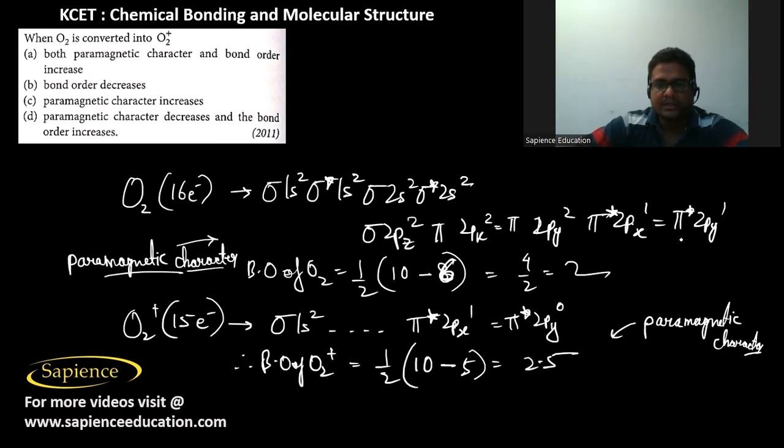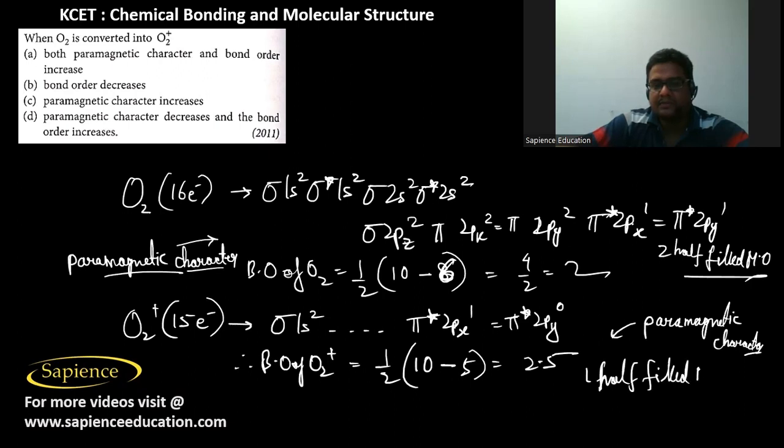So here it has two half-filled molecular orbitals, and here it has only one half-filled molecular orbital.